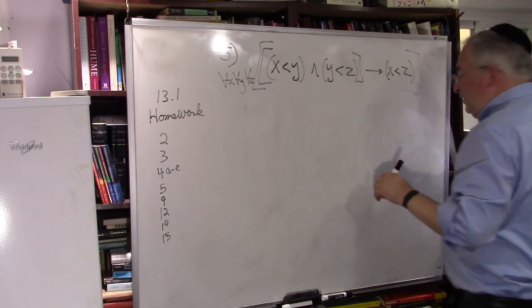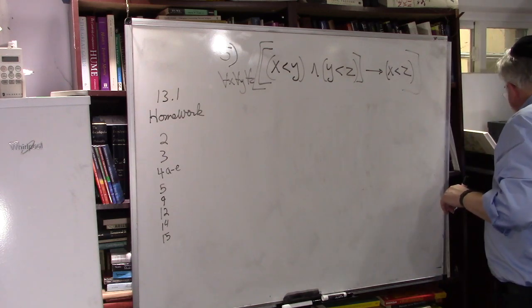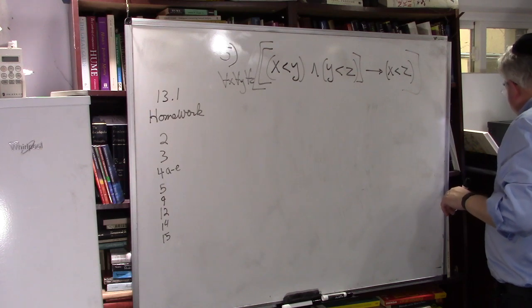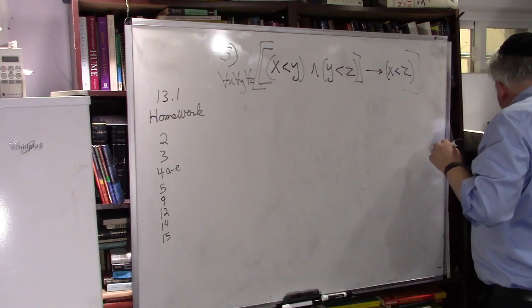Okay, B. For every x greater than 0, there exists an n in N such that x is greater than n. Okay, so what does it say?